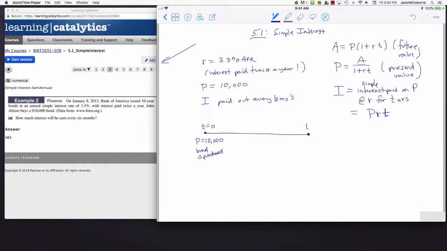After T equals 1 year, that bond is going to be worth 10,000 plus 10,000 times the interest rate of 0.033, which is the 3.3%, for a time T of 1 year. So that bond after 1 year is going to be worth $10,330.